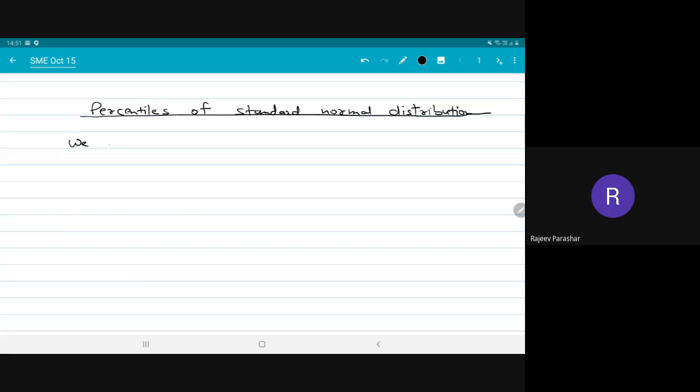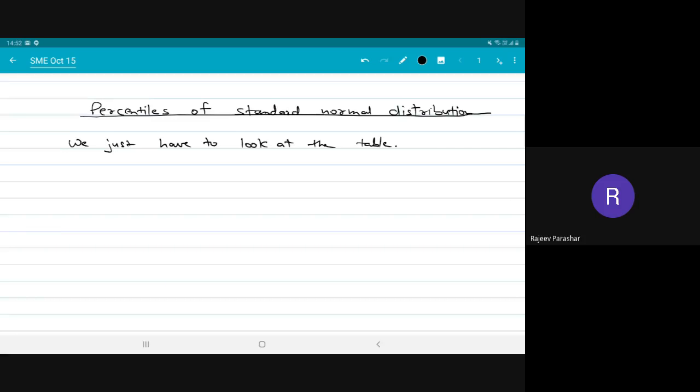We just have to look at the table. Now, please take a look at the table.